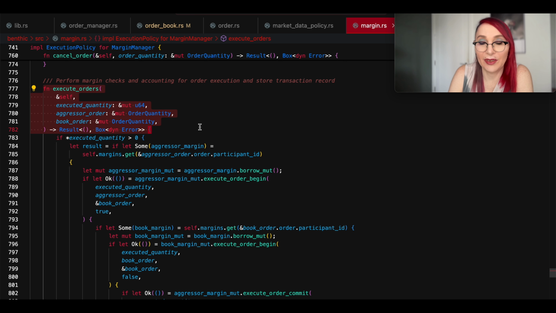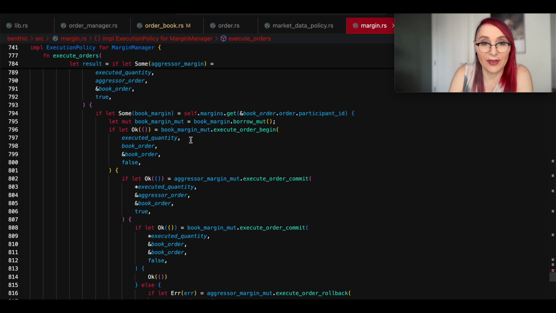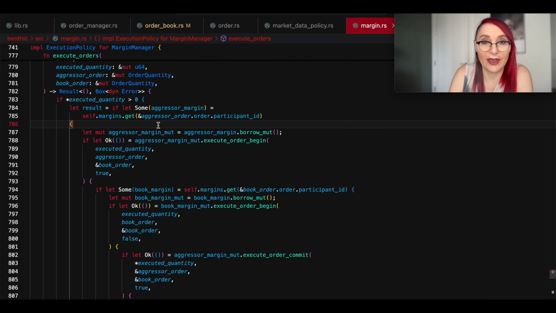This is the request we're receiving from the book. And we can see the logic here is very complicated. So we can track it down and say, okay, we have aggressor margin mute execute order begin. We have book margin mute execute order begin. So we have the margin of the aggressor, and we have the margin of the book order.